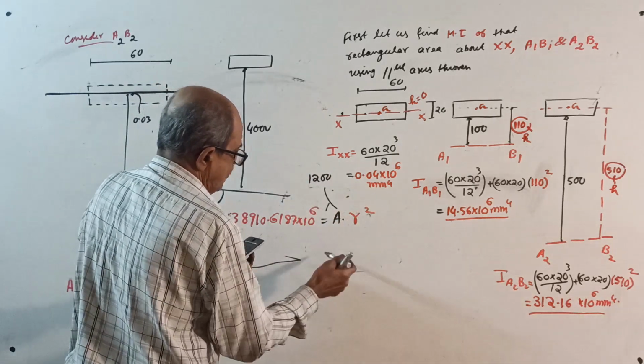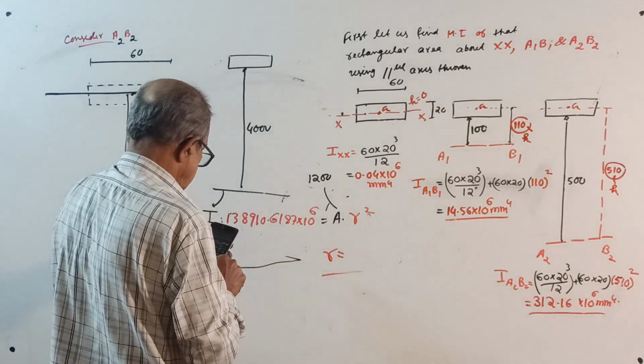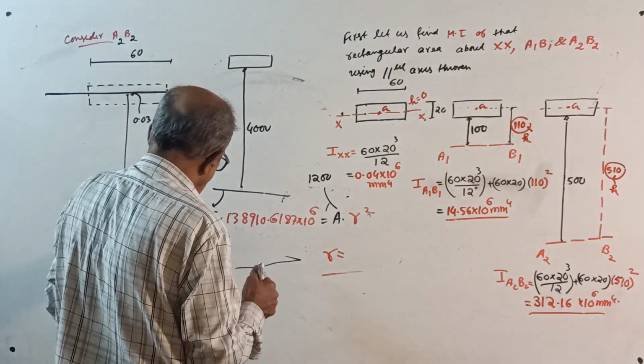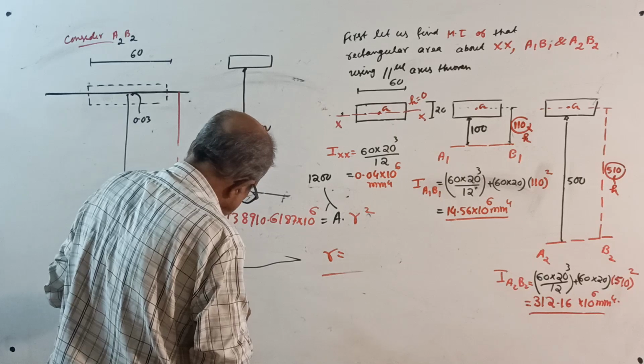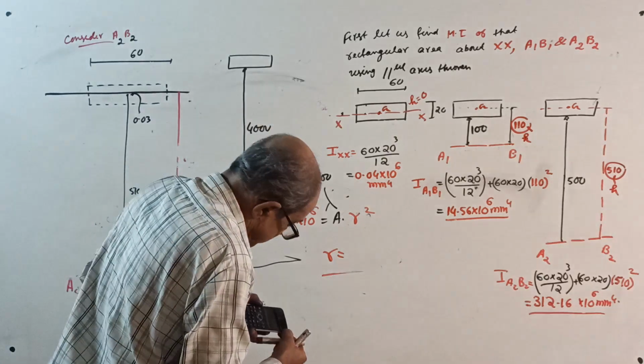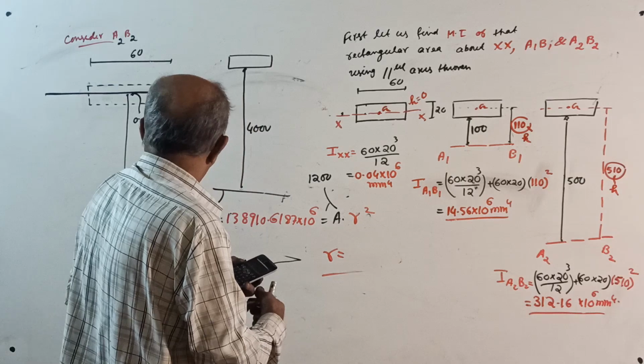I get 10979, then 10759. Something is wrong in the calculation. I don't know what the problem in the calculator is.